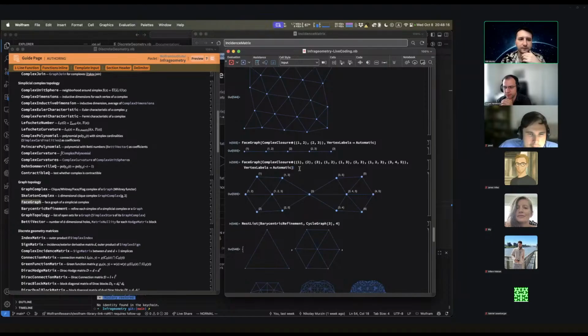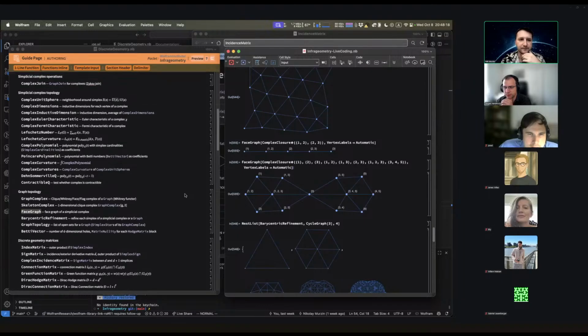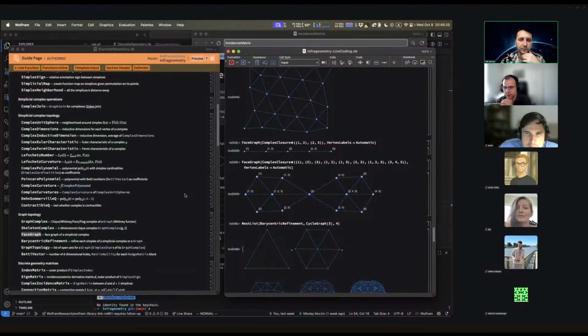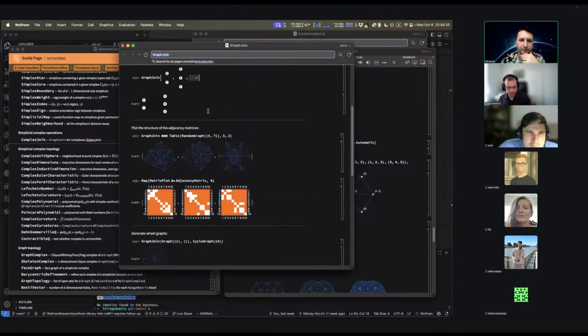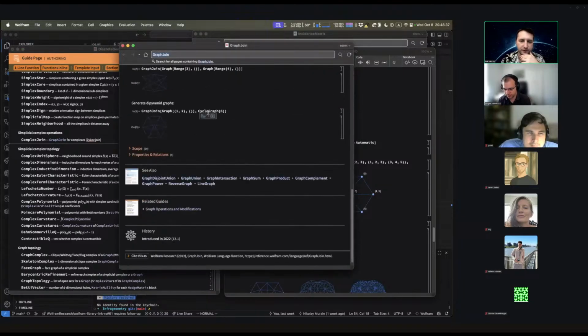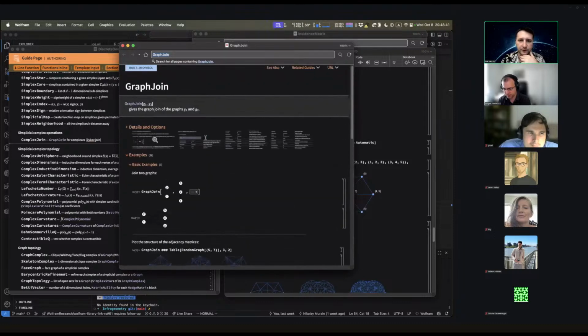Yeah, I think that makes sense. All right, so we don't have a lot of binary operations yet, because most of the time you can use some graph operations already, because you can turn the complex back and forth into a graph.